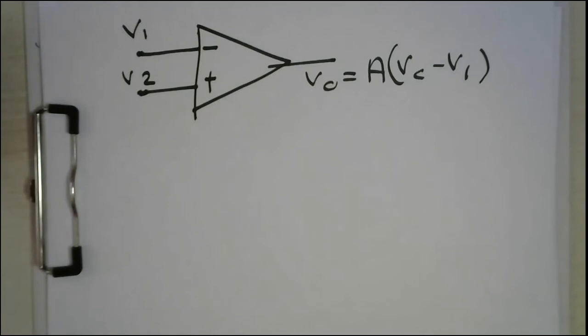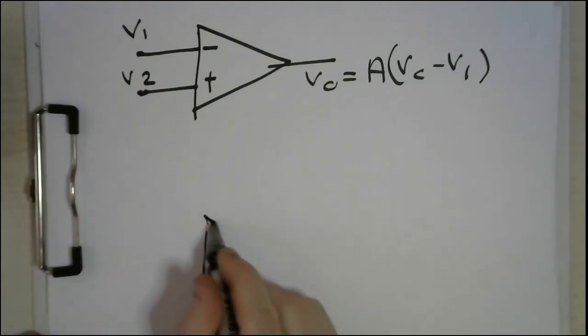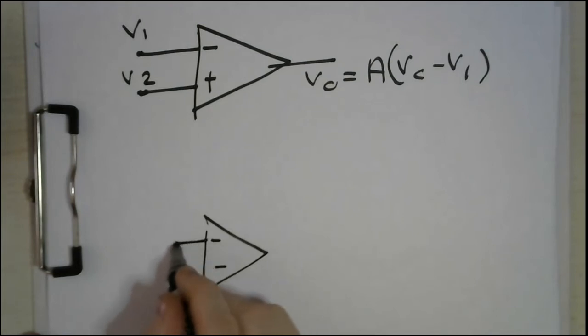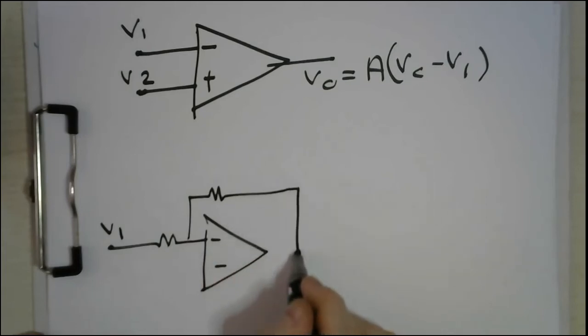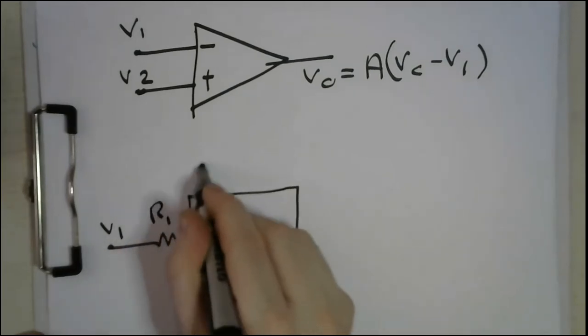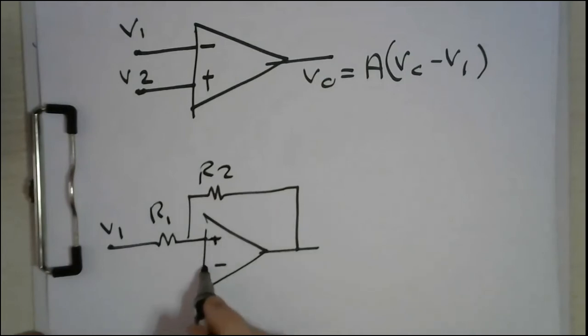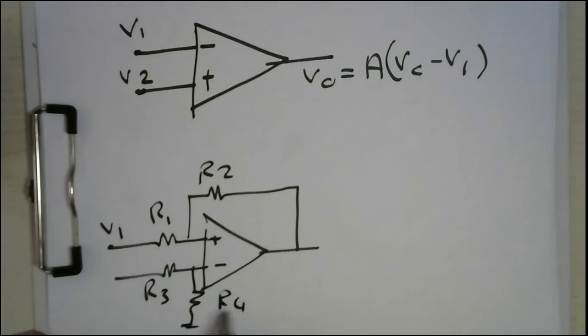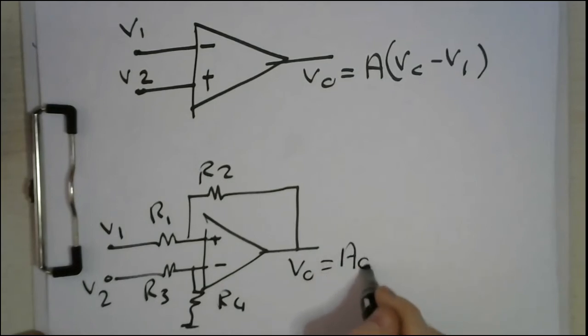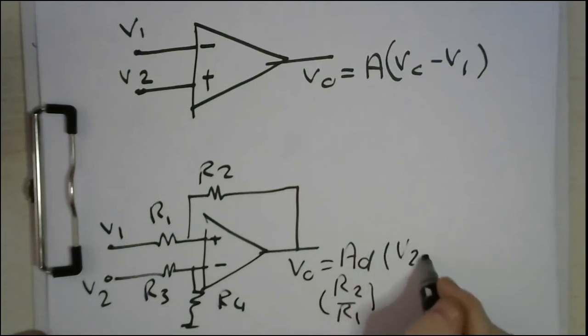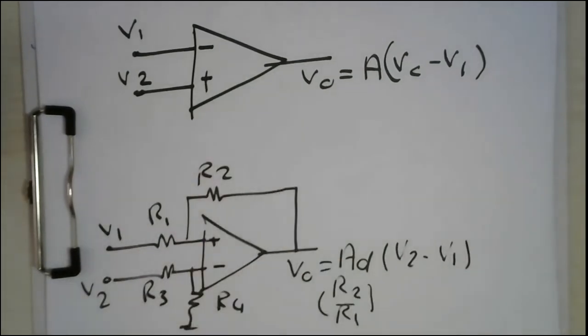Which is actually the same as when we have this differential structure. So this is V1, and this is R1, this is R2, R3, R4, and V2, and now the output equals the differential gain, which is R2 over R1, times V2 minus V1. So in these two cases, you get the same relation.